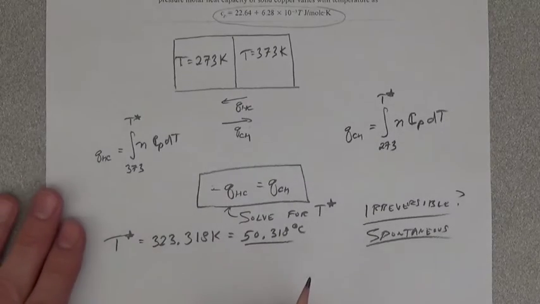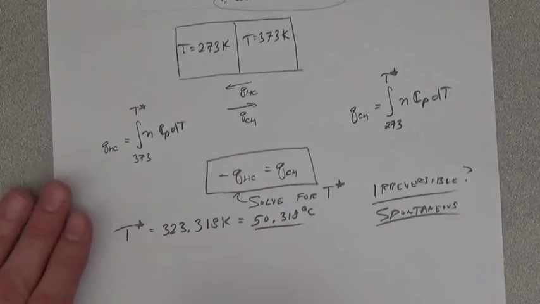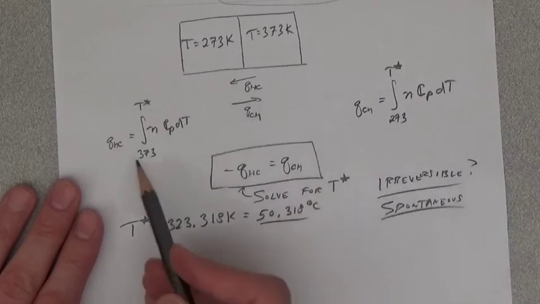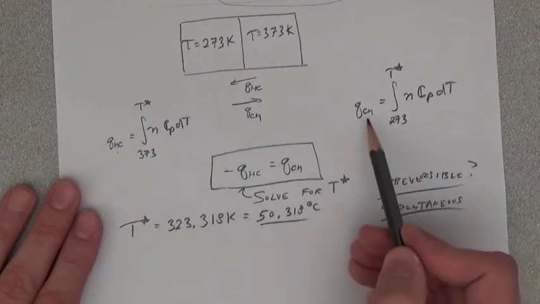So there's going to be an irreversible change in the entropy, and we can write out the entropy for the flow of hot to cool and cool to hot.